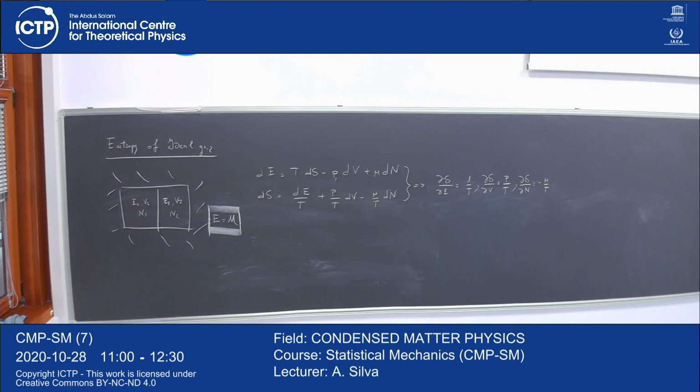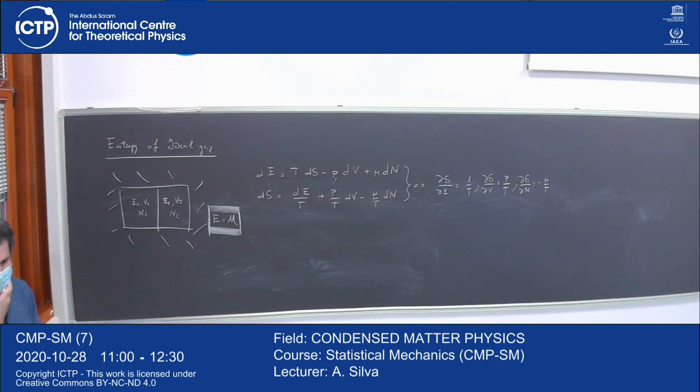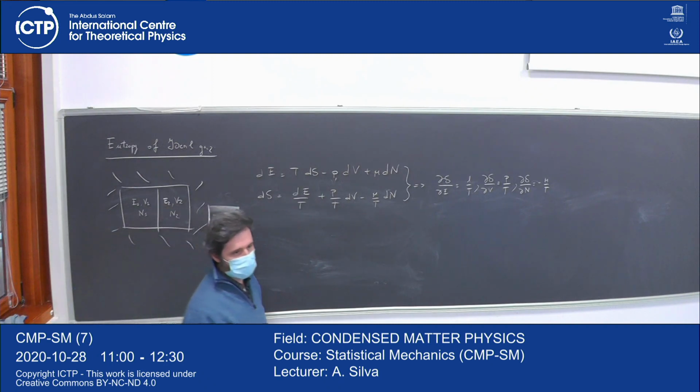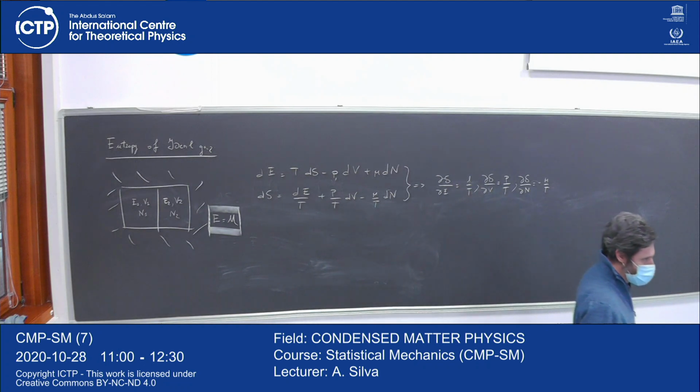All right, so now the question is, I have this situation, E1 and E2 can fluctuate, N1 and N2 can fluctuate, etc. And now I ask myself, what is the condition of thermal equilibrium in this situation? So how do I identify thermal equilibrium? Well, thermal equilibrium is a situation in which the entropy is not changing anymore.